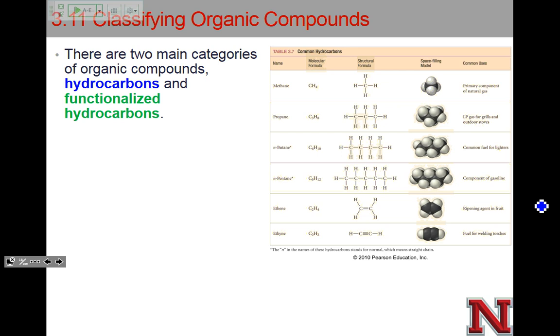Now, once we have other atoms, or double bonds or triple bonds, we call that functionalized hydrocarbons. And that functionality is what gives us reactivity. Most hydrocarbons, the only thing we can really do with them is burn them, and we do a lot of that. We burn a lot of hydrocarbons. But organic chemistry is the study of making compounds from organic-containing compounds, not burning them and forming CO2 and H2O. So we don't deal with too much combustion.